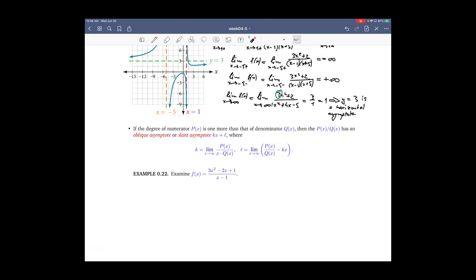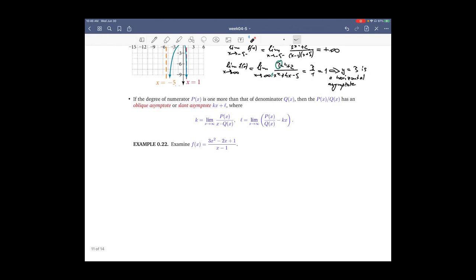All right. Now, another special case occurs when the degree of the numerator, p, is exactly one more than the degree of the denominator, q. In this case, we will have what's known as the oblique asymptote or slant asymptote. The asymptote is neither vertical nor horizontal.